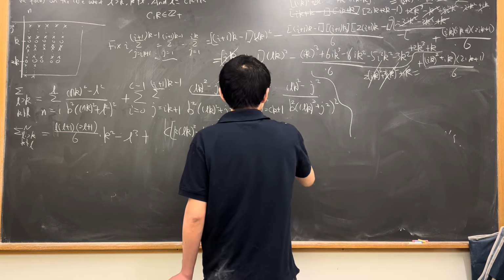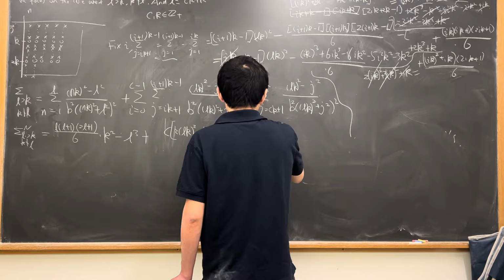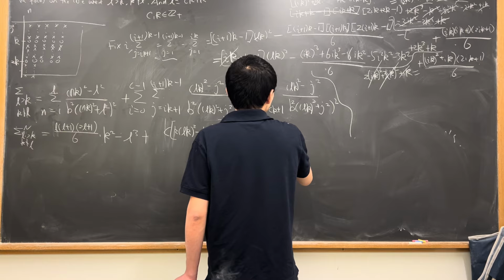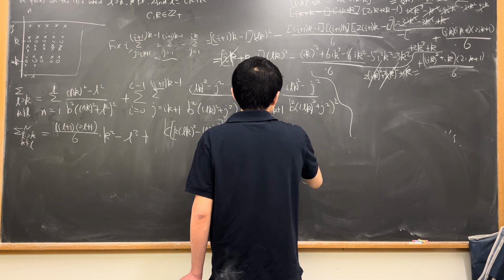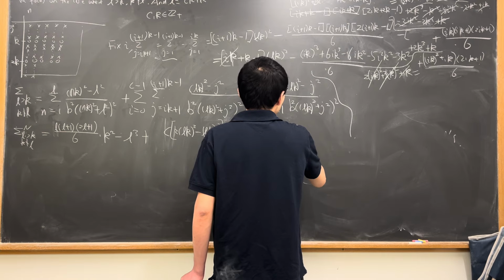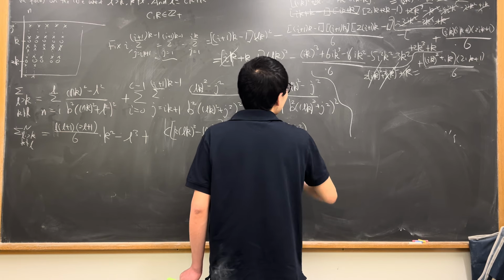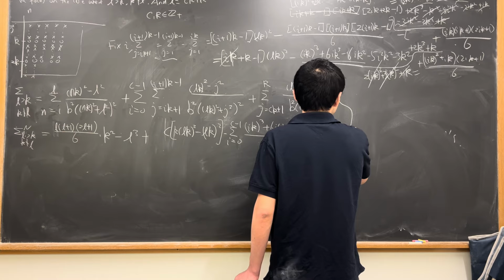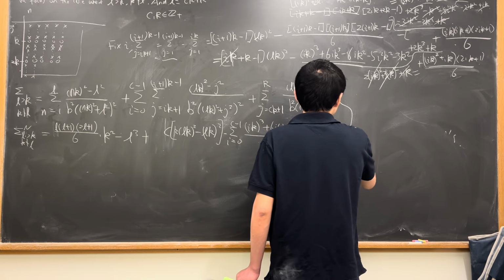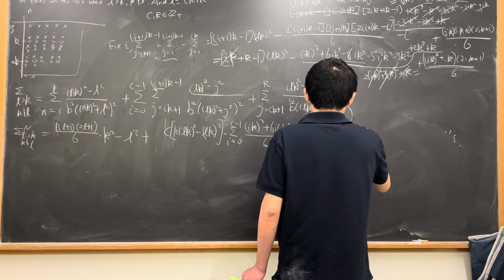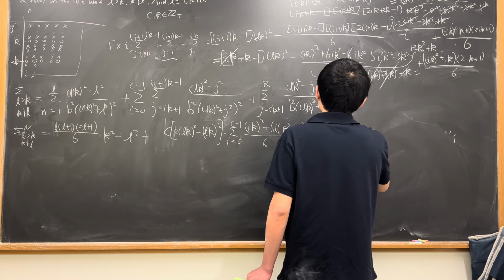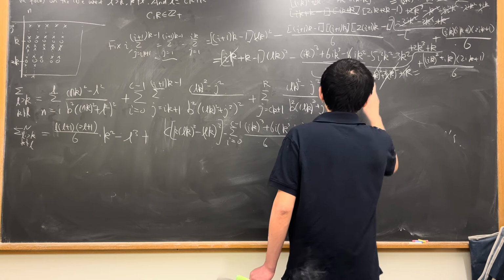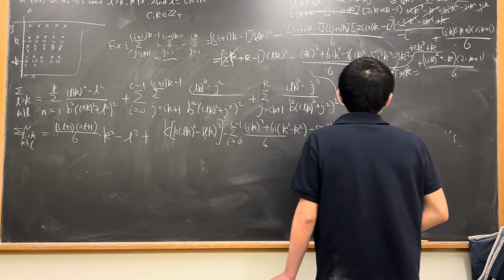So there is an ik cubed: plus 6ik cubed minus k squared, and then minus 5i squared k squared.